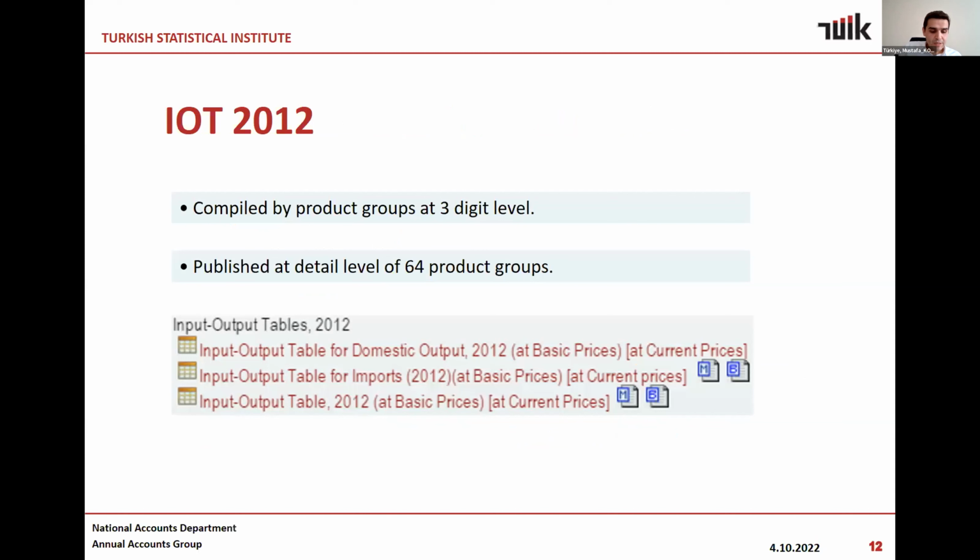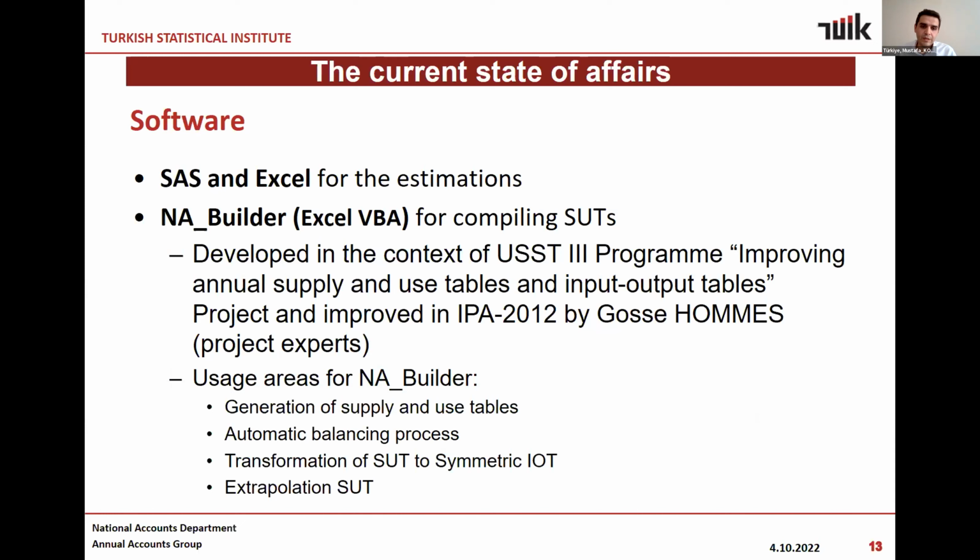For 2011, IOTs were compiled at 3-digit level product groups and published at 64 product groups. For domestic output and for imports, IOTs were prepared and published. What is the software for deriving IOTs from SUTs? We are using SAS and Excel for the estimation.